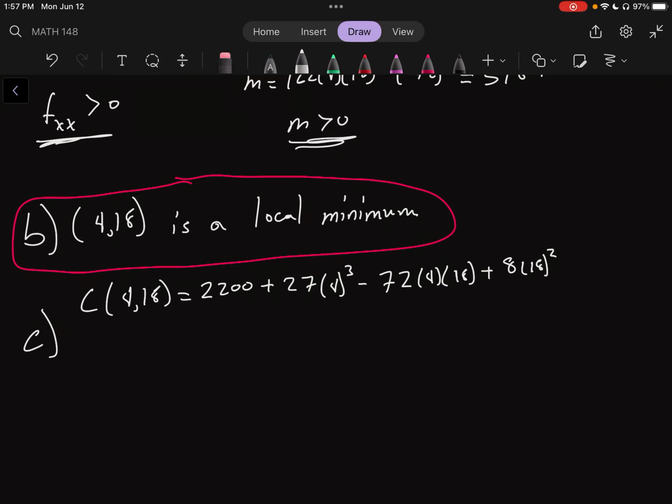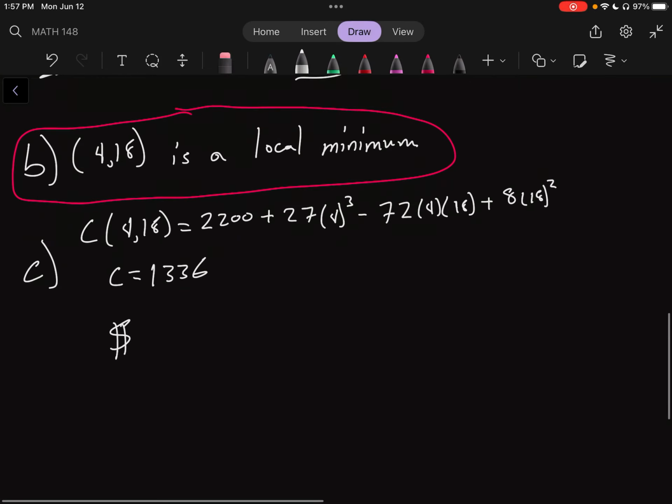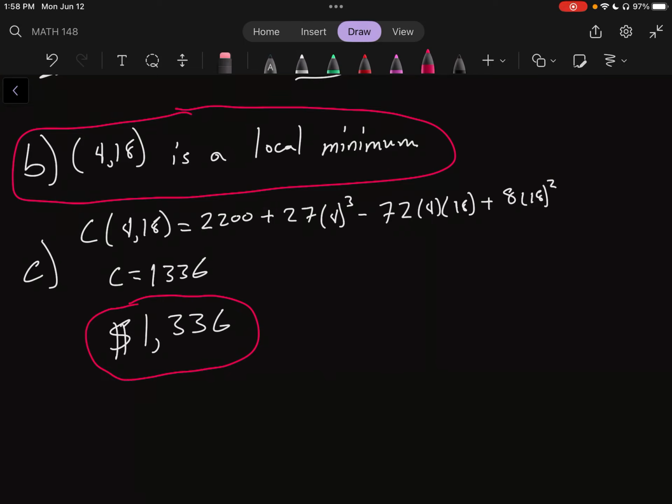And that gives us 1,336. Now, we go back. The cost is just in dollars, so the minimum cost equals $1,336. Okay, and that is the answer to part C.